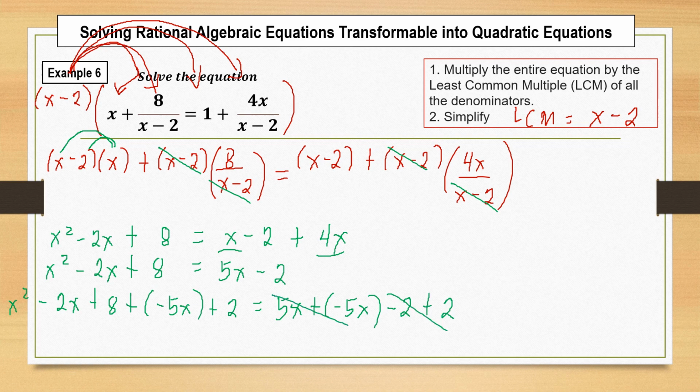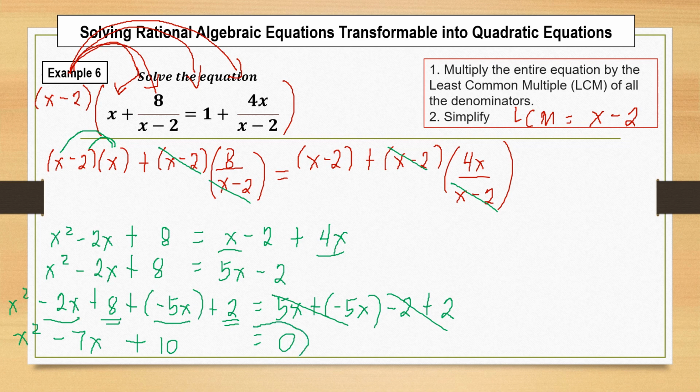The right side of the equation now becomes 0. And for the left side, we have x squared. Combine like terms, negative 2x and negative 5x is equal to negative 7x. 8 plus 2 is equal to 10.